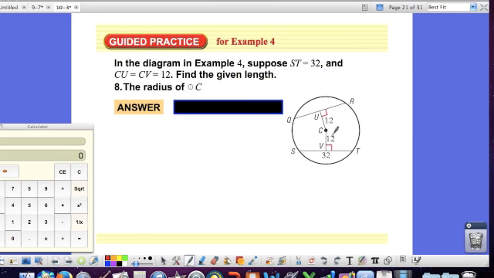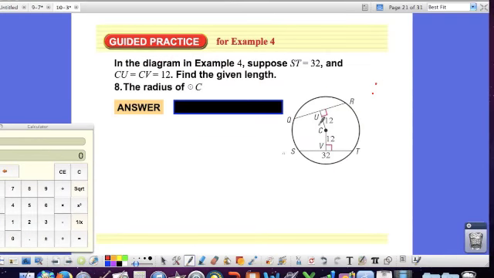Find the given length. Find the radius of circle C. So in order to find the radius, that's from the center to any point. So if this is 12, and we found that this side is 16, this is our hypotenuse.